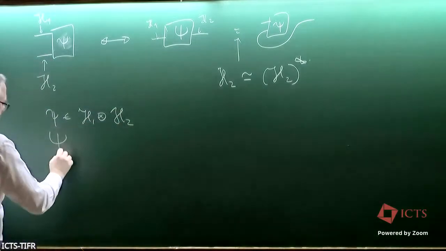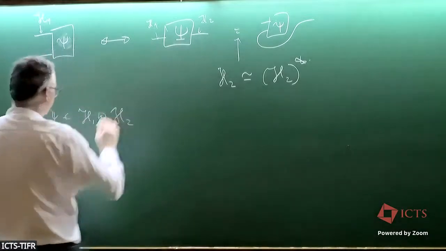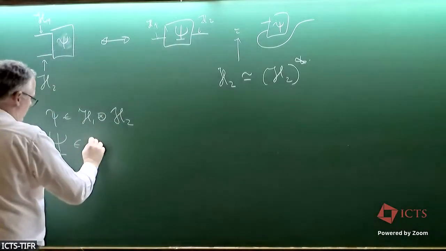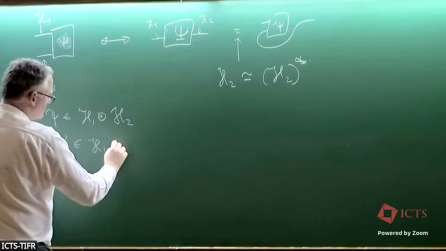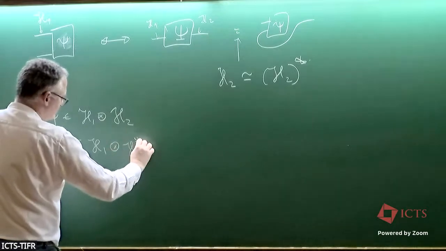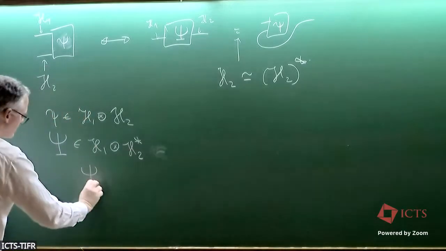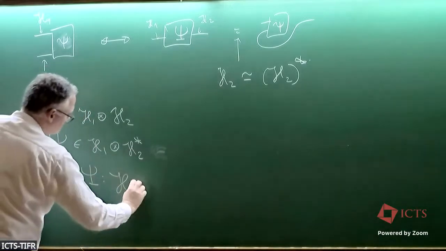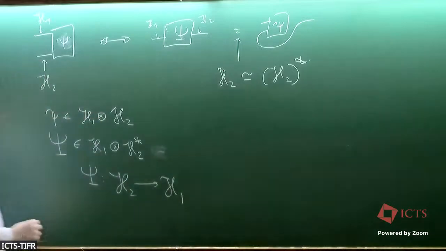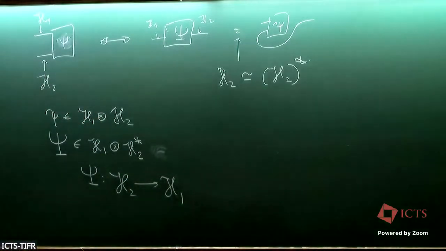And this matrix, capital Psi, is something in H1 tensor H2 dual. So this means that Psi is a map which goes from H2 to H1. It's a linear map.